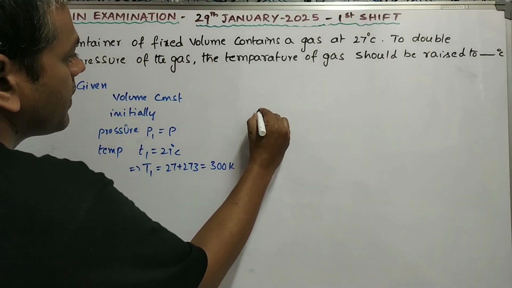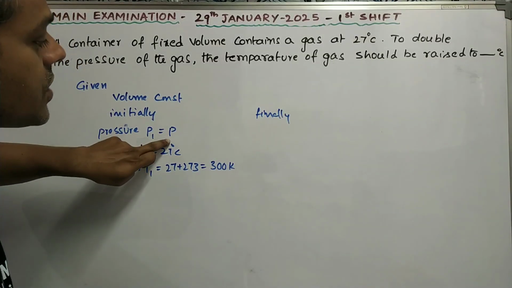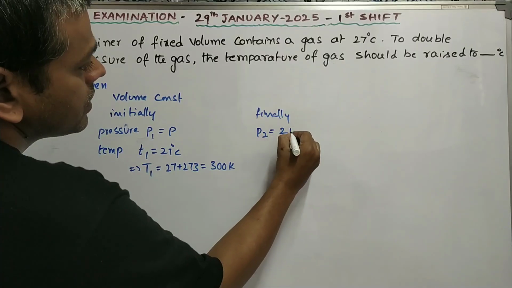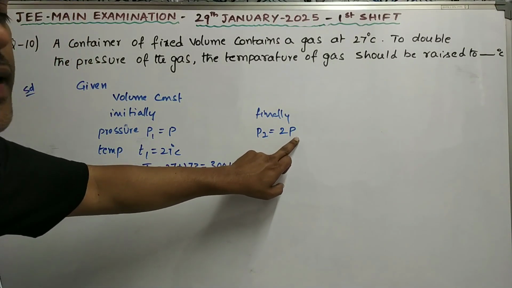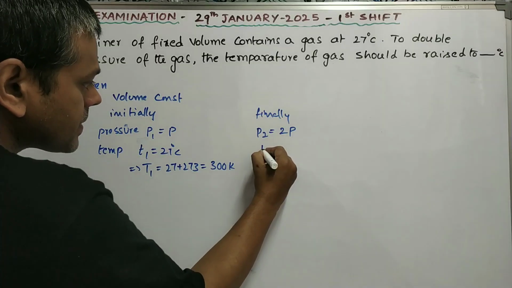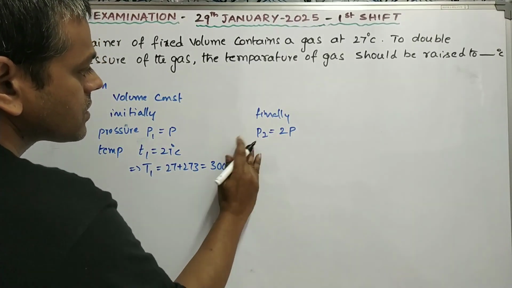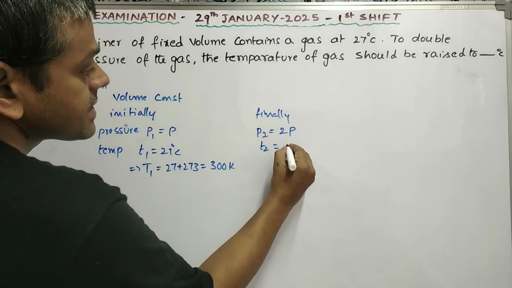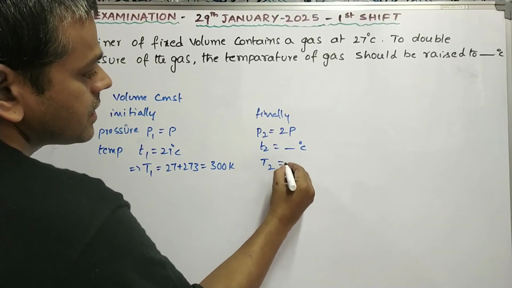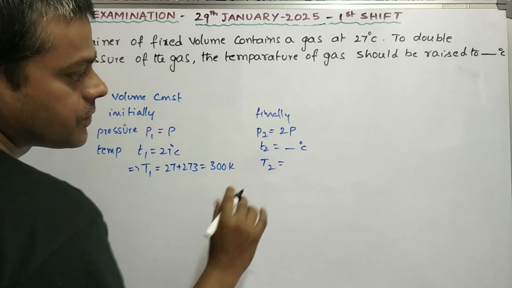That means finally your aim is double the initial pressure. Initial is P, now it is double, so P2 is equal to 2P. So how much temperature is required? T2 is how much? It is the absolute temperature T2.